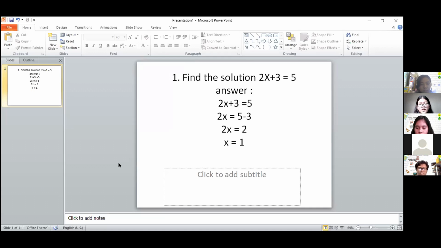And then we divided both sides by 1/2 because 1/2 is the inverse element of 2. That's why we got x is equal to 1.